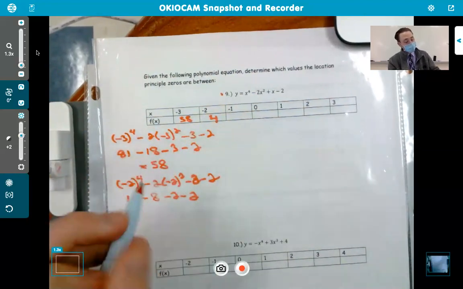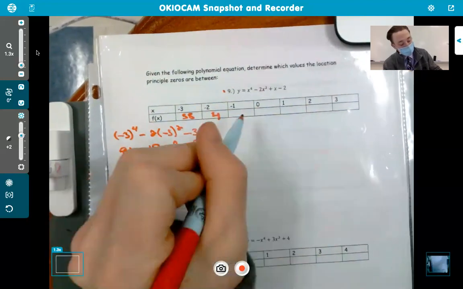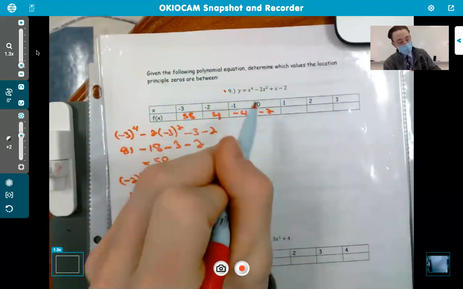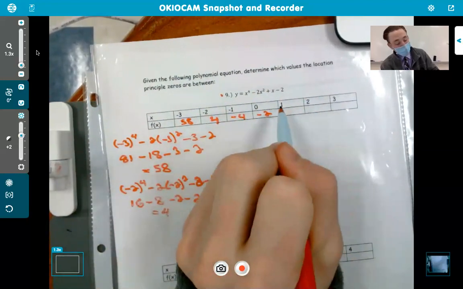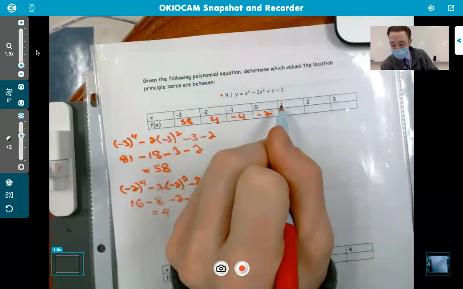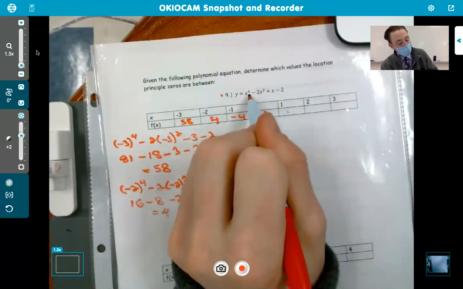You would continue this process for all of your values, right? If you plug in -1, you get -4. If you plug in 0, you get -2. If you plug in 1, you get, I'm sorry, 1 to the 4.